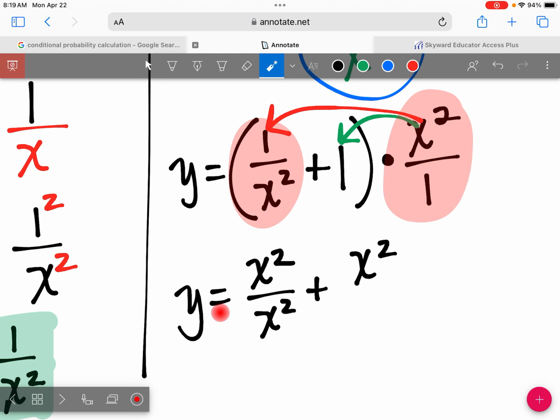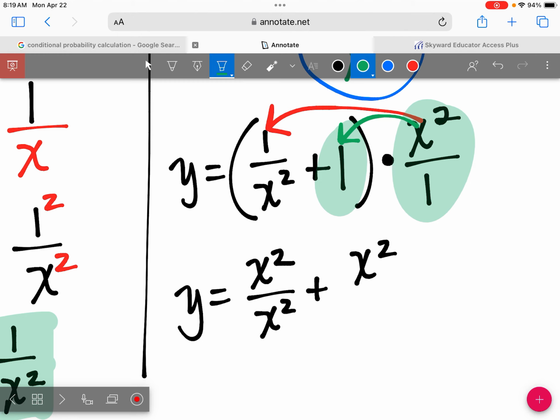That's how I got this. And then here, I didn't put the 1 at the bottom. I mean, you can if you really want to hold on to that denominator of 1, but you don't have to. When I multiplied this by this, I just got x squared.